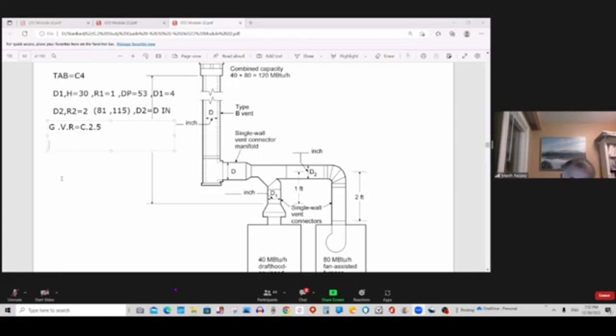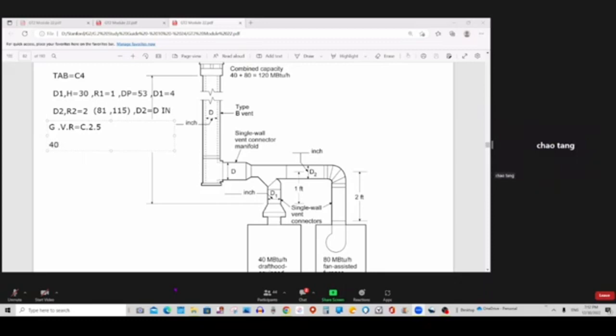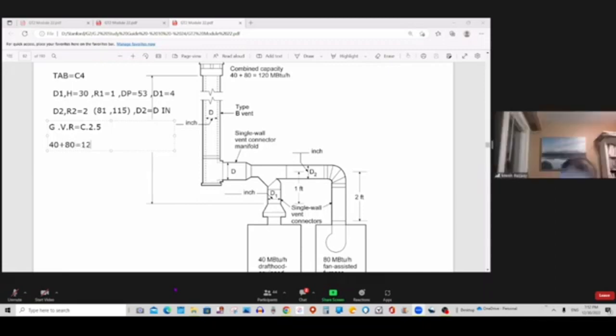10% off. What does it mean? It means 40 plus 80, how much is it? 120, right? 120. And now 10% off means that 100 divided by 90, which is equal to 90%, okay?